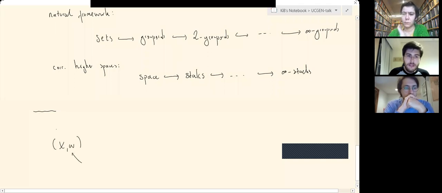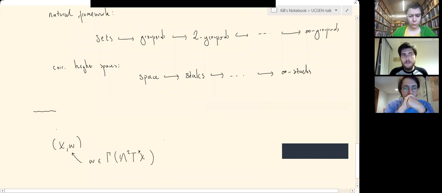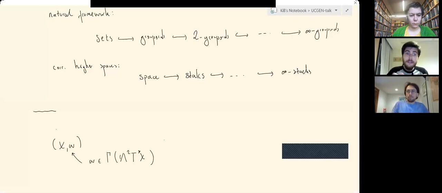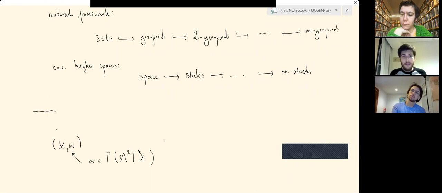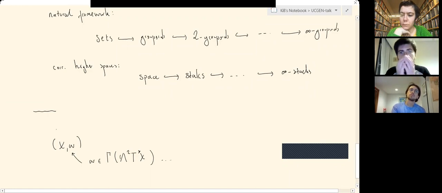This thing is just a smooth section of T star X, and so on, right? But this is just zero cohomology, right? If you have higher cohomologies in this setup, you actually have non-trivial higher cohomologies as well, which capture further information. Okay? Yeah, that makes sense.